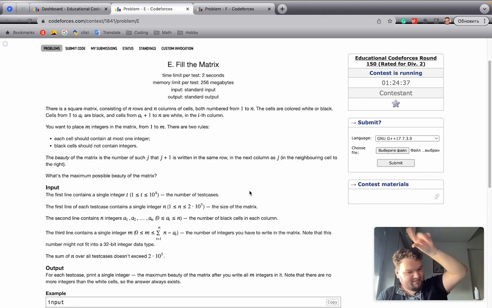I can maintain the set of segments I have, and for every segment I know when it started, so from that point up until I merge it with something it exists, so it will contribute that many white segments of its length.